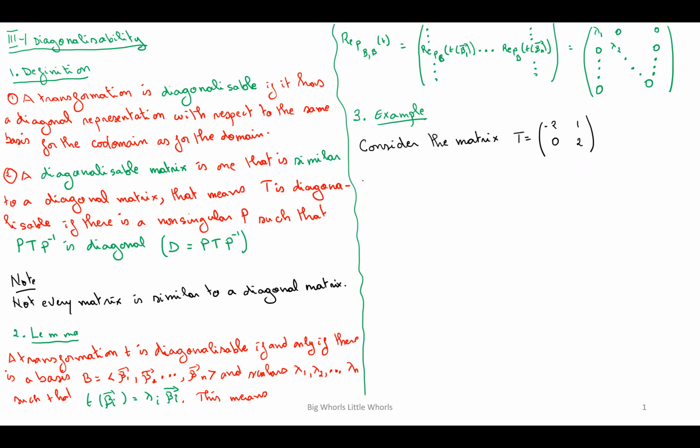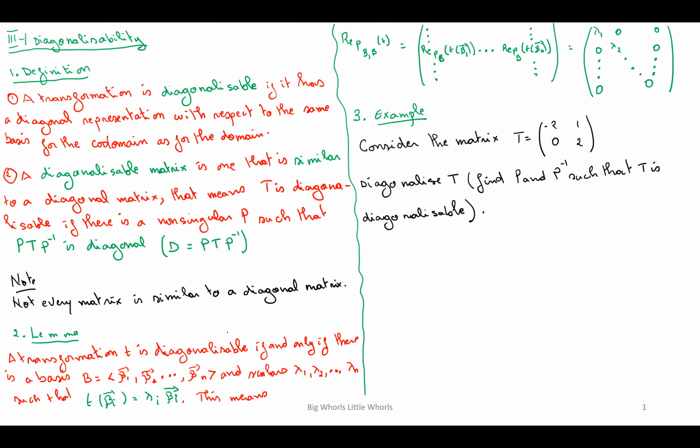And the question says: diagonalize T. That means find P and P inverse such that T is diagonalizable. So let me stop here and go straight away to the solution.